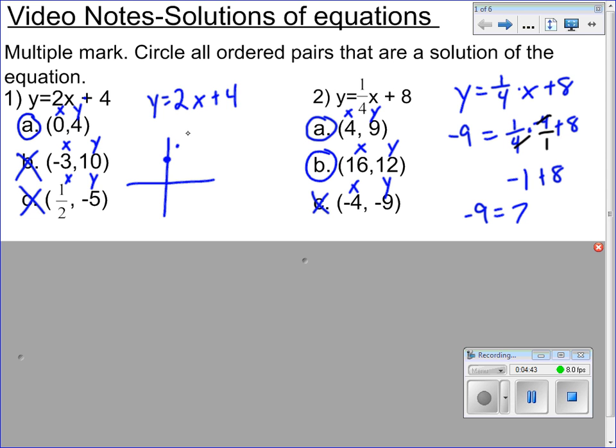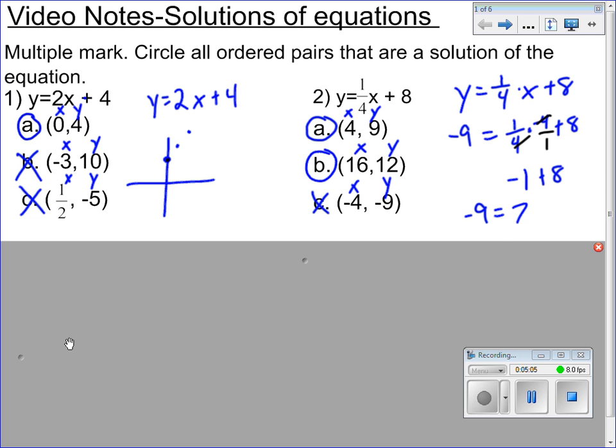When we graph that line, the coordinate (0, 4), which would be right here, is actually on that line. When we graph y equals 1/4 x plus 8, the points (4, 9) and (16, 12) will actually be on the line.